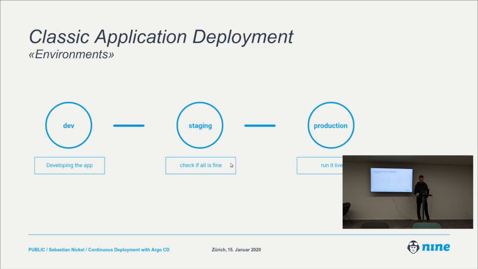So classic application deployment, I want to talk about environments. At least what I always know is many companies have a dev, a staging, and a production environment. Maybe there's also acceptance, or however you want to call it. Some of them use a single server per environment, or basically set it up on their own, very manually.